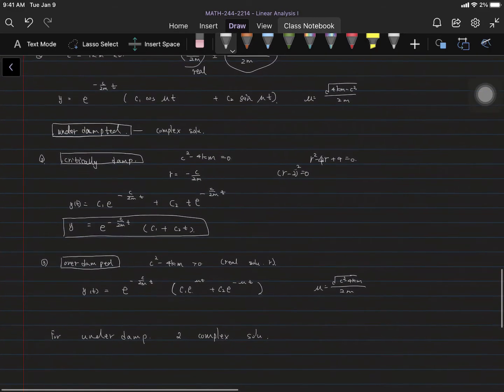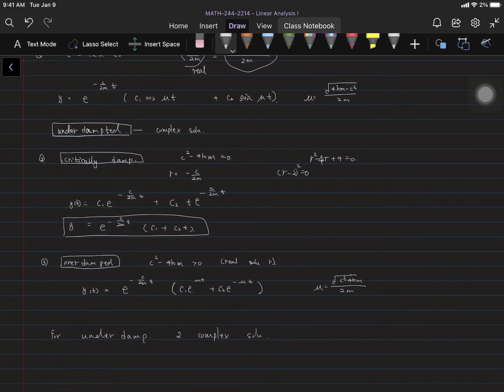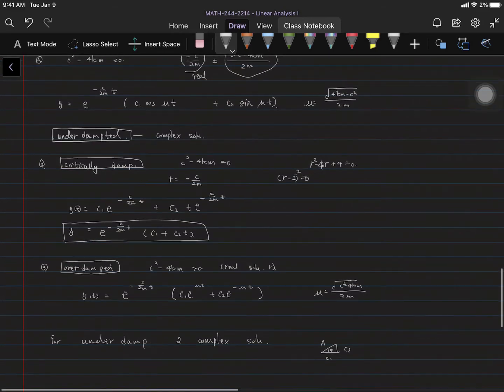And we can do the same thing if we do the right triangle, like a c1, c2, and we can get A, right? So same procedure. Let's see our solution. We simplify our solution.